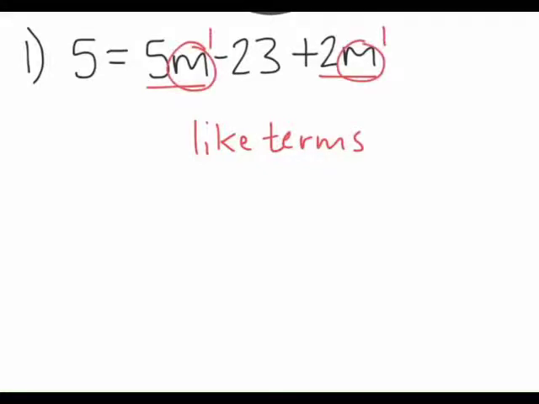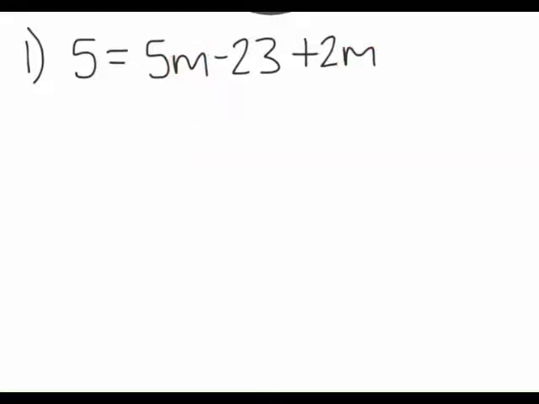There's an invisible first power out here. Now what that means is that we can simply add 5 plus 2. So 5 plus 2 is 7. And then a 7 is going to be multiplying m. Everything else about the equation stays the same.